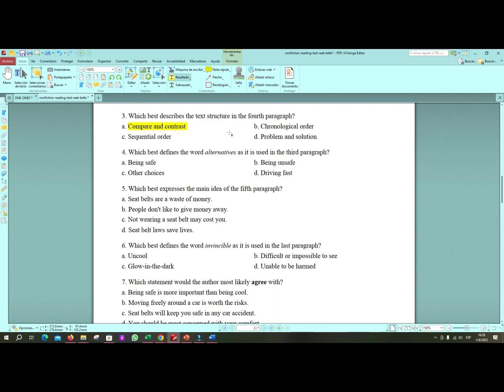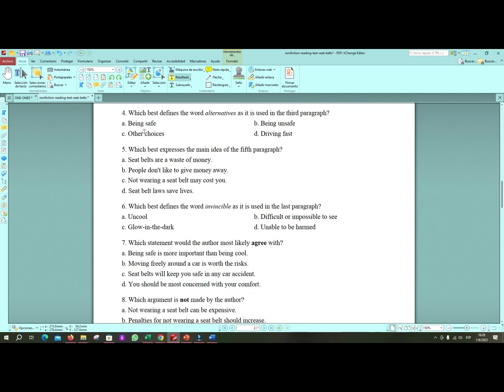Okay. 4. Which best defines the word alternatives as it is used in the third paragraph? Being safe, other choices, being unsafe, or driving fast. What do you think about the number 4?